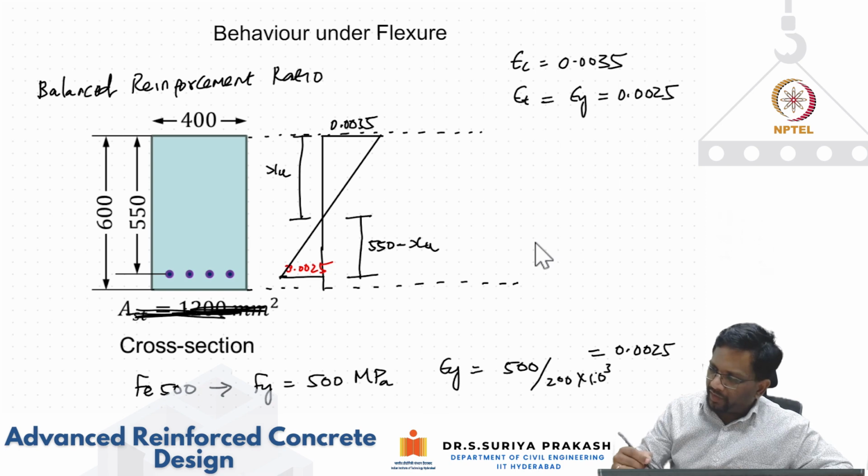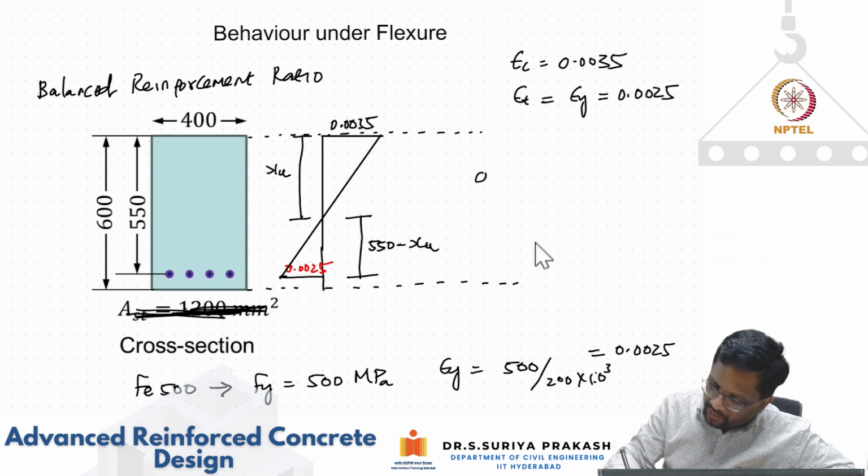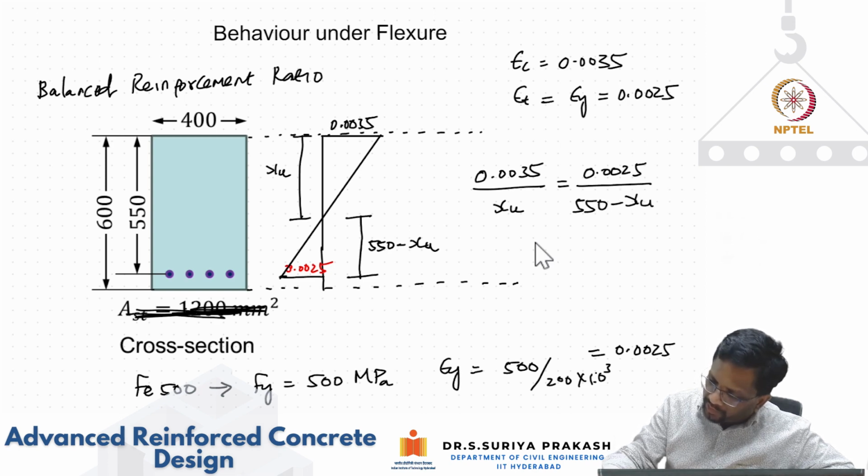So using similar triangles, we can calculate that 0.0035 by xu should be equal to 0.0025 by 550 minus xu.